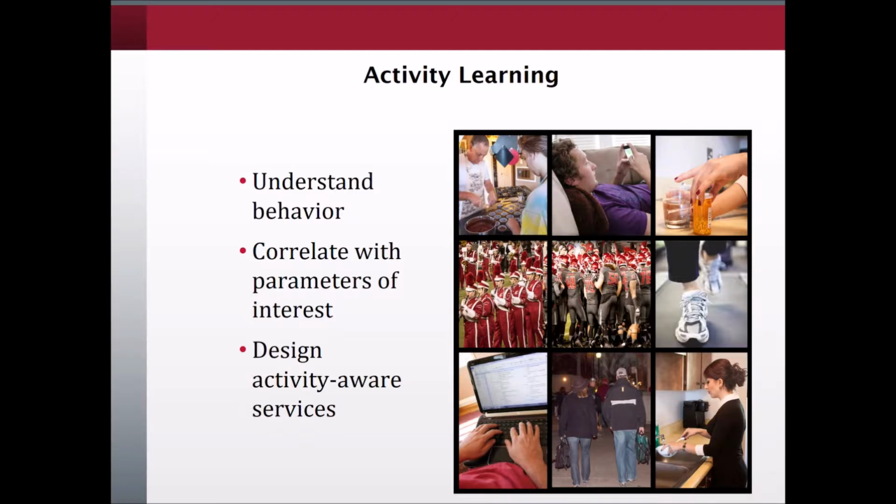Once we identify activities and recognize their occurrences in everyday settings, then we can use this information to understand human behavior and to analyze the relationship between human activities and other parameters of interest, such as health status, consumption of resources such as electricity or water, indoor air quality and how it is impacted by behavior, and the security of a home or other physical environment.